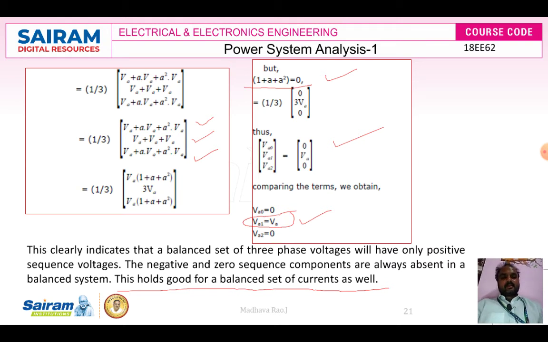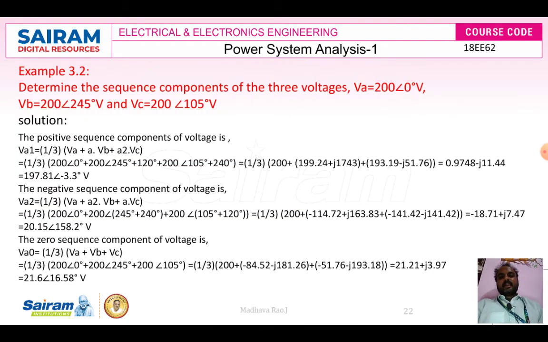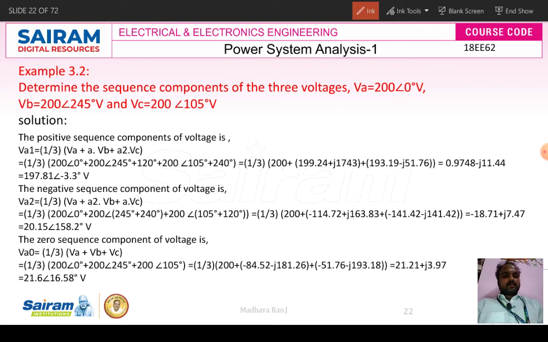Okay, next problem. Determine the sequence components of the voltages VA, VB, VC. Sequence components of voltages means we have to find out VA1, VA2, VA0. The balanced three phase system will have only positive sequence components, as we have seen in the previous problem.